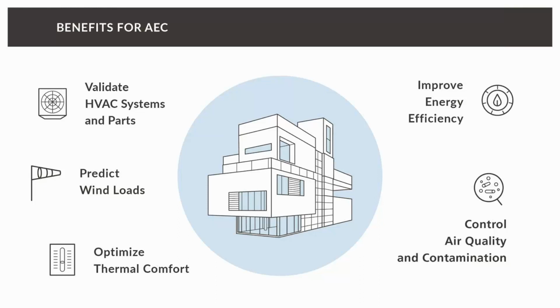It can be used, for example, to improve the smoke removal in the case of fire, or to optimize the thermal comfort, which isn't necessarily associated with the same design changes like improving the energy efficiency. However, it can be very important. As you know, it's not only about providing the right amount of air, but also providing it to the right place inside the building.